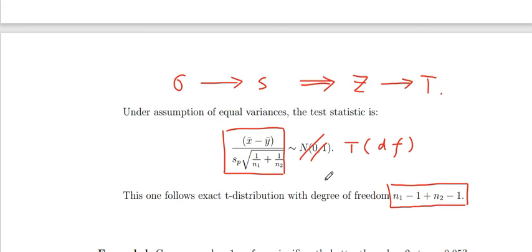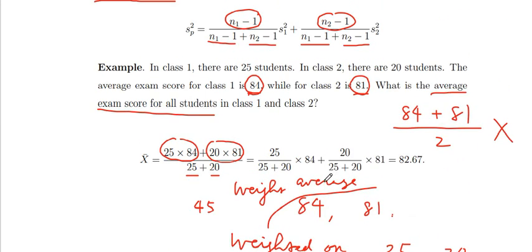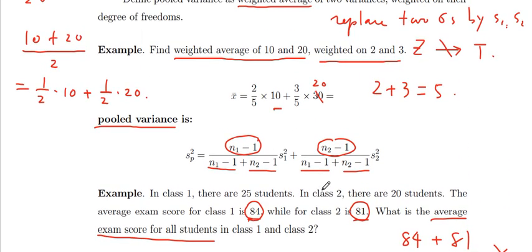We find the pooled variance first, which is an average of these two variances, s1 squared and s2 squared, but weighted on degrees of freedom, n1 minus 1 and n2 minus 1.